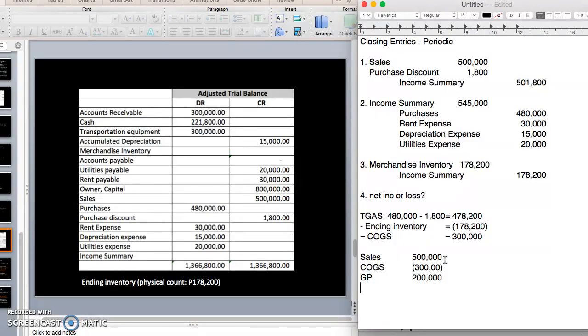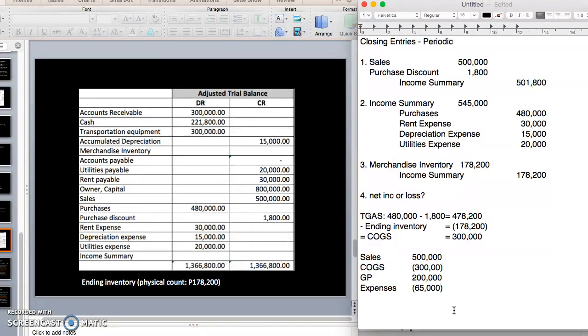And then just to make this shorter, all the expenses, although you do really need to list them out, this is rent. I'm just gonna sum them up here. 30 plus 15 plus 20 will give me 65,000.